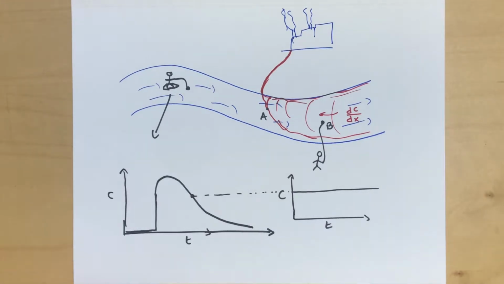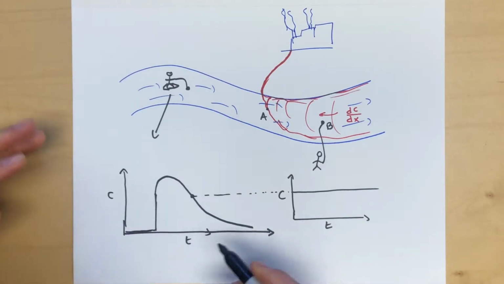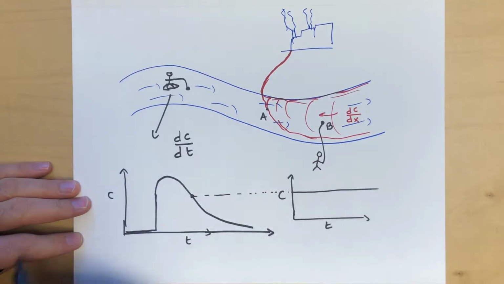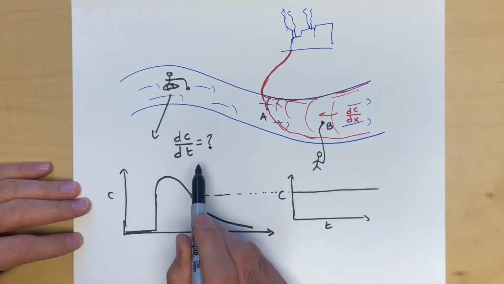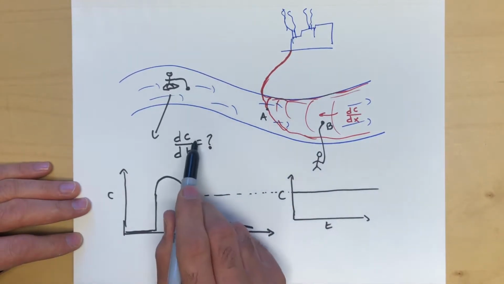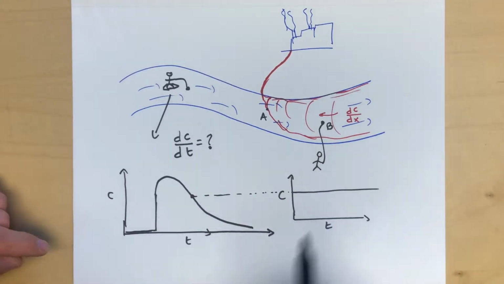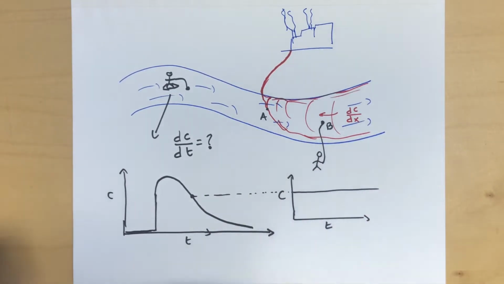Now the question is, obviously from the perspective of the person on the boat, there is a change in concentration over time, so there is a dC by dt. And the question is, what is that equal to in terms of the spatial distribution of concentration, and how can we reconcile the value of dC by dt with the value measured by the person taking the Eulerian perspective?